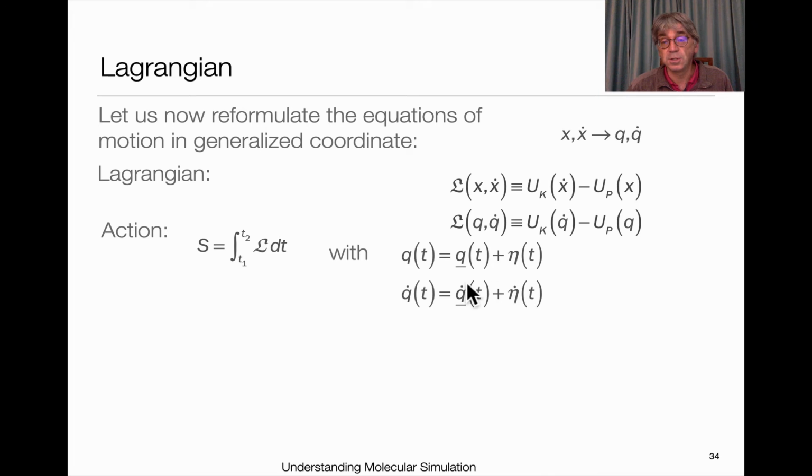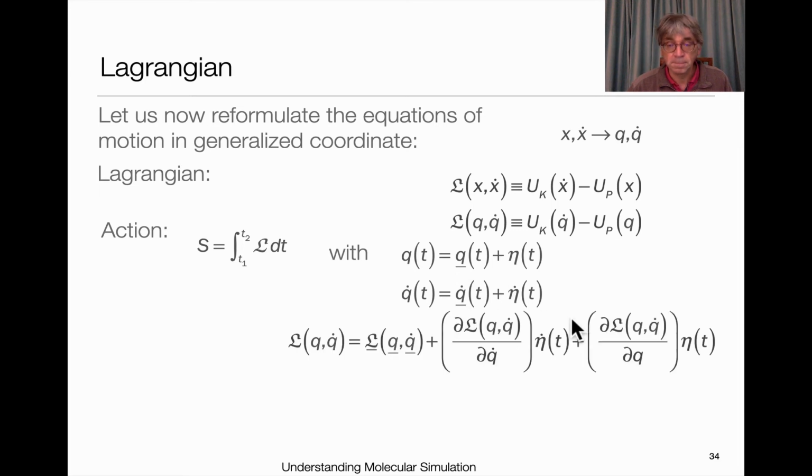So we write in generalized coordinates the true paths and the deviation, and the same for the velocities. If we then write this term for the Lagrangian, we have the Lagrangian associated with the true path and two terms, one with eta dot and one with eta.